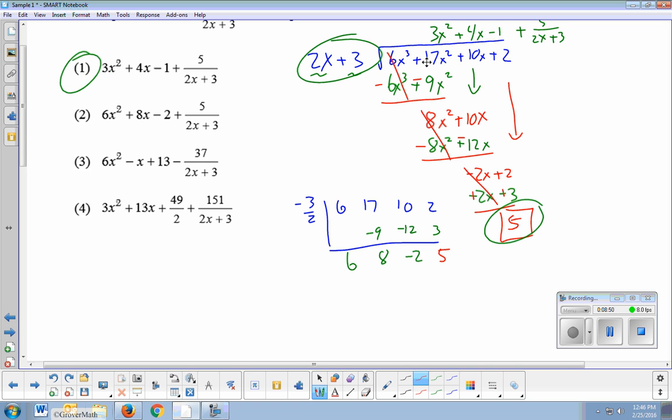But the problem is, because I started with x cubed, you would think this then goes 6x squared plus 8x minus 2, remainder 5. And that might make you think the answer is here. I have a remainder of 5, 6, 8, negative 2. That looks pretty good. So why is this not the answer? Why is 1 the answer?